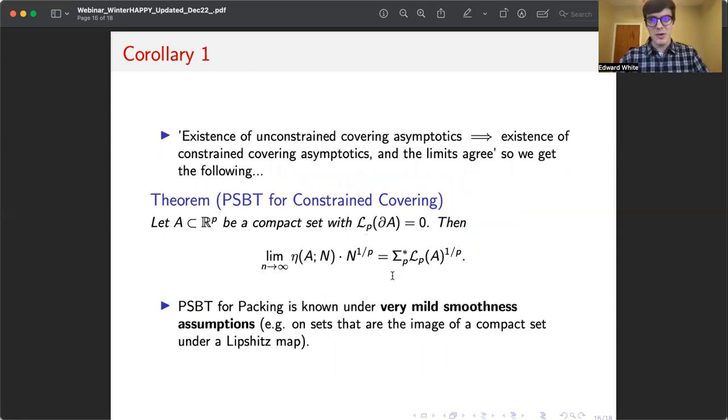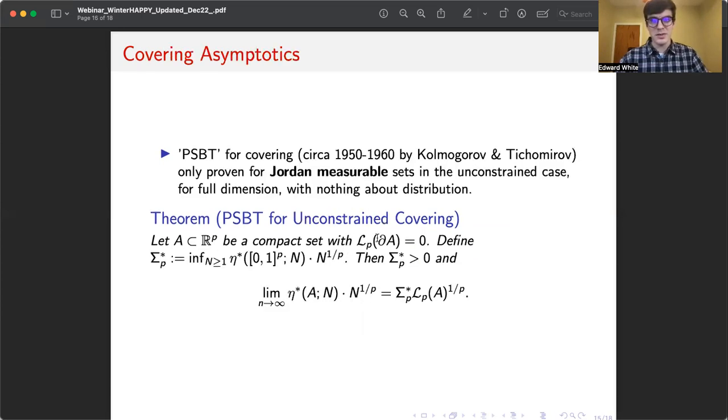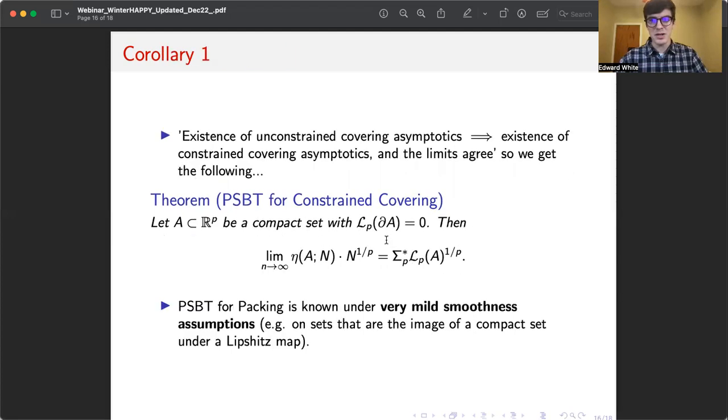So what we were able to do was take that previous theorem and show that since the existence of unconstrained covering asymptotics implies the existence of constrained covering asymptotics, and moreover that those limits agree, we get for free the following theorem: let A be a compact set, and, following the previous theorem, we need the boundary measure to be 0.